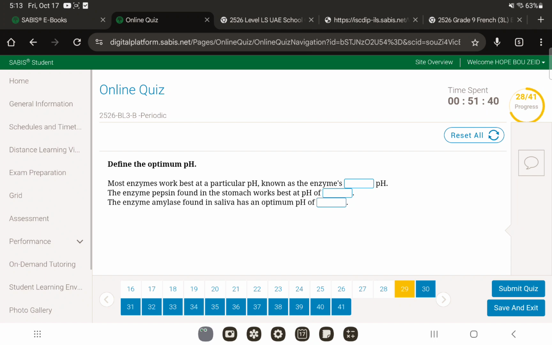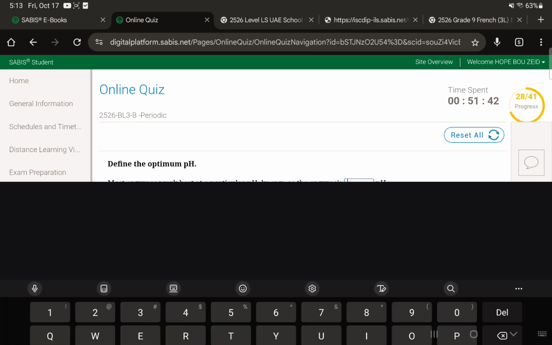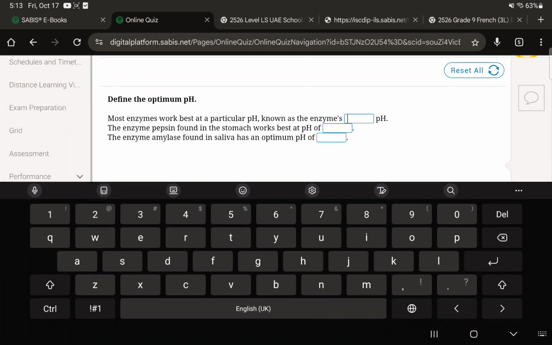Most enzymes work best at a particular pH known as the enzyme's optimum pH. The enzyme pepsin found in the stomach works best at a pH of, I think it is 2.